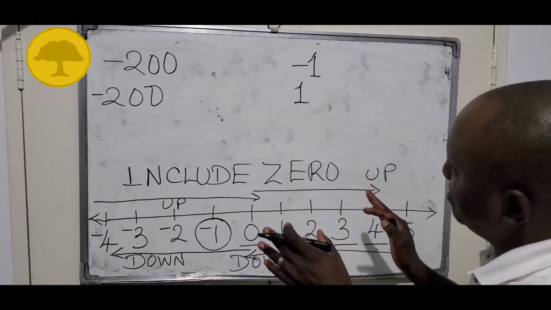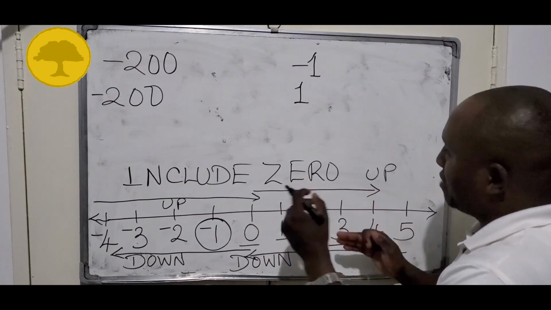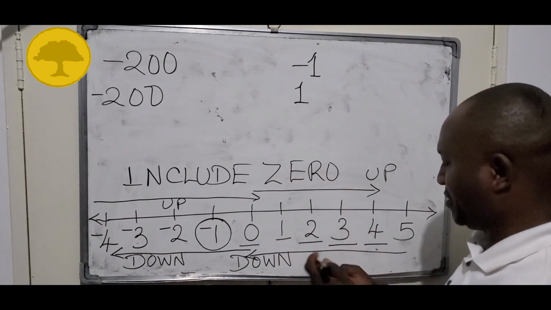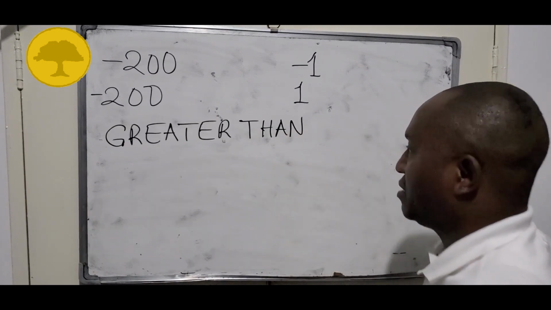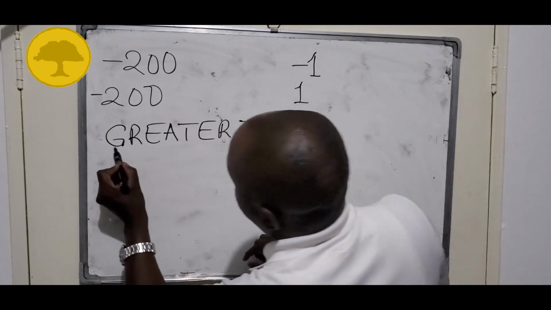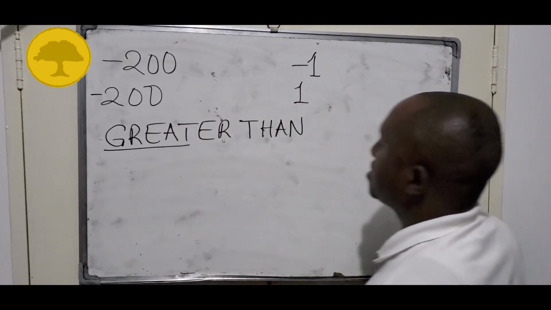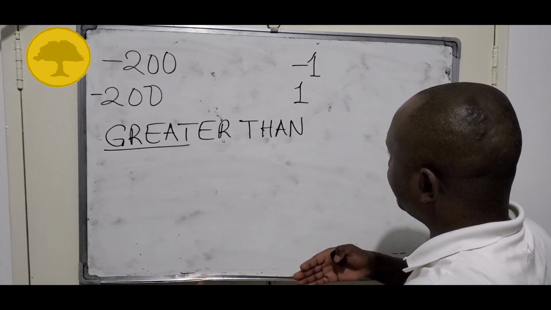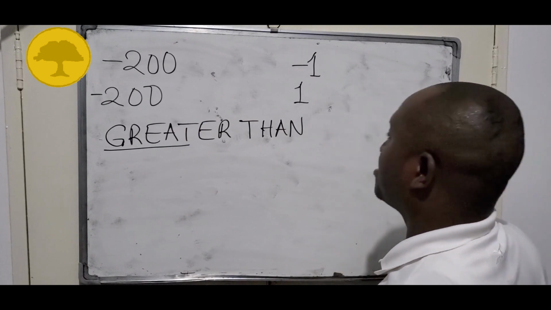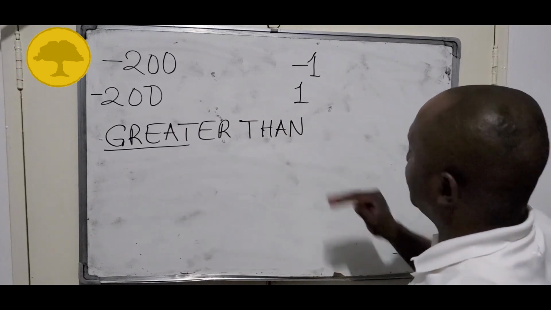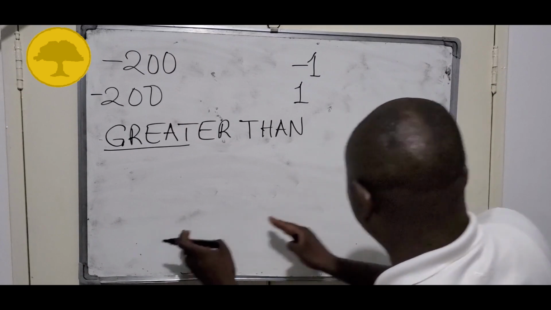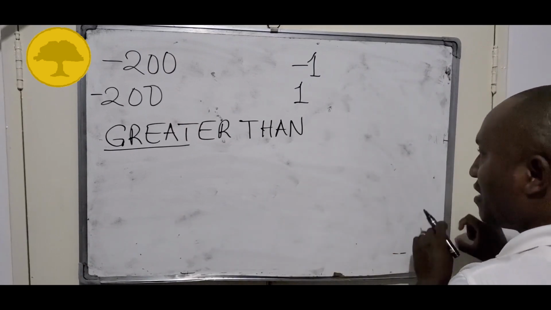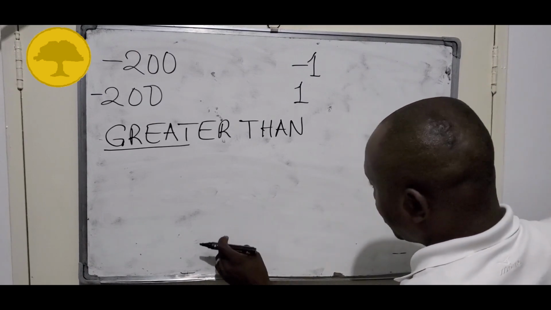Now, having stated that clearly, I need now to introduce the concept of greater or less than. Greater than, from the word great, meaning whatever is bigger, whatever is huge, so to say. So when we say greater than, you notice that as we moved to the right, the numbers were gaining in value. We started with 1 apple.